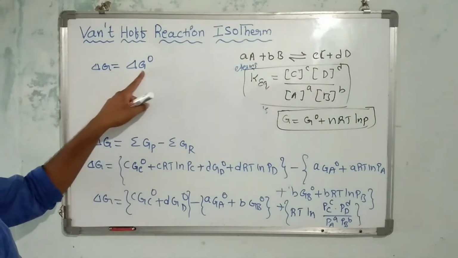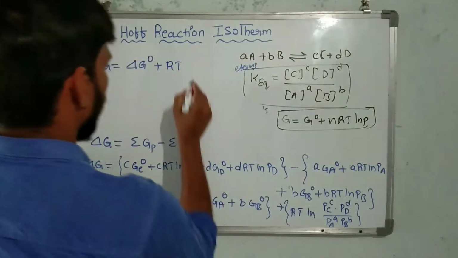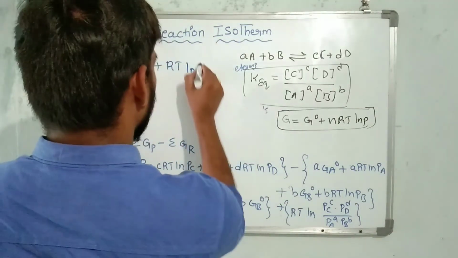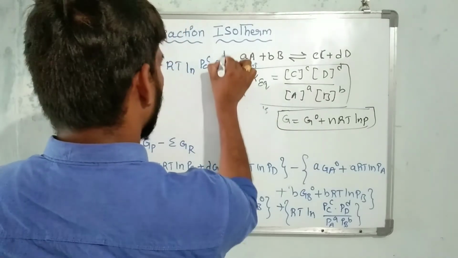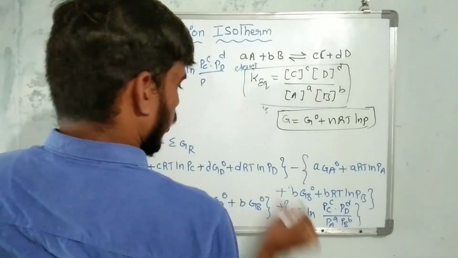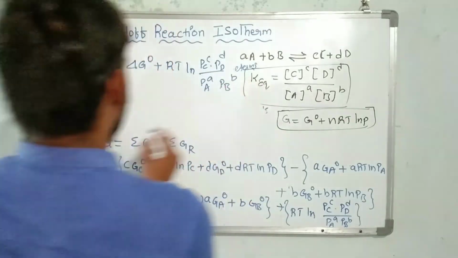So delta G is equal to delta G naught plus RT ln of P_C power of C and P_D power of D divided by P_A power of A and P_B power of B.